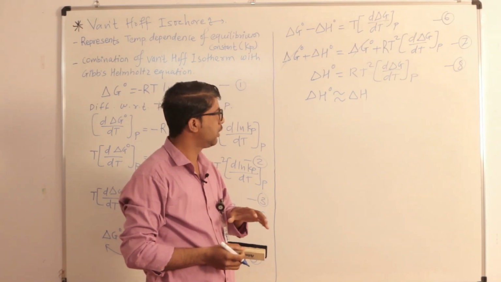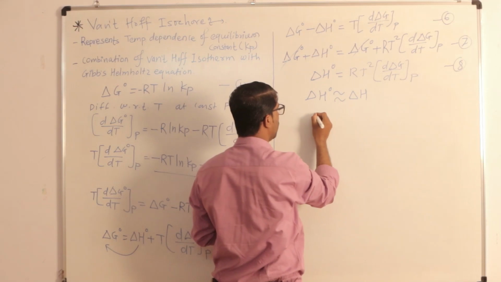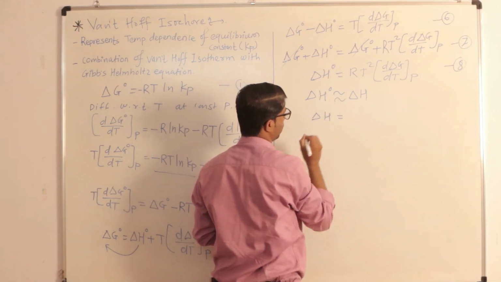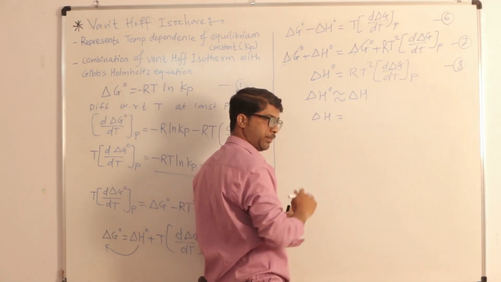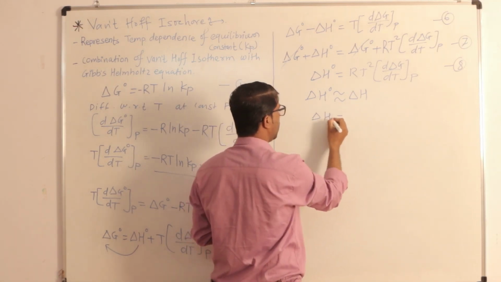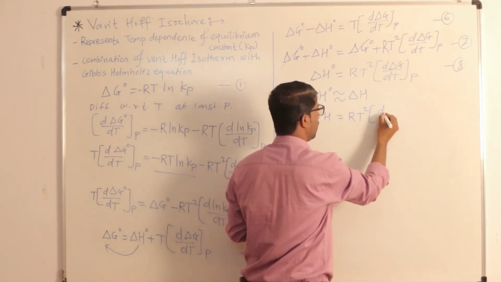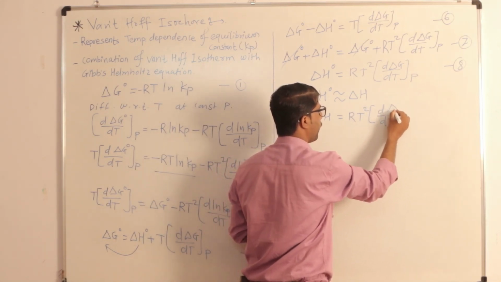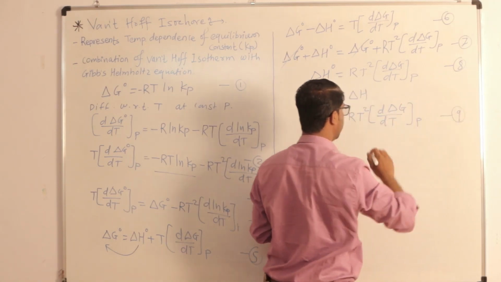Because of that, I am going to write only delta H instead of delta H0, since under standard condition this term becomes this. It is an equivalent term. So delta H is equal to RT square d ln Kp by dT at constant pressure. Let's say it is equation number 9.